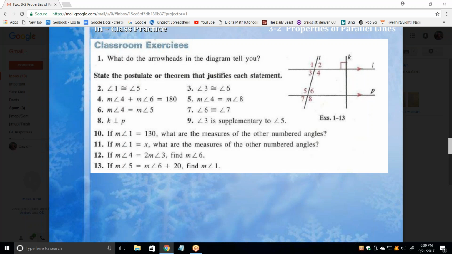Correct. Why is the measurement of 4 equal to the measurement of 5? They're alternate interior angles. Correct. Why is 6 congruent to 7? They're vertical angles. Why is K perpendicular to P?